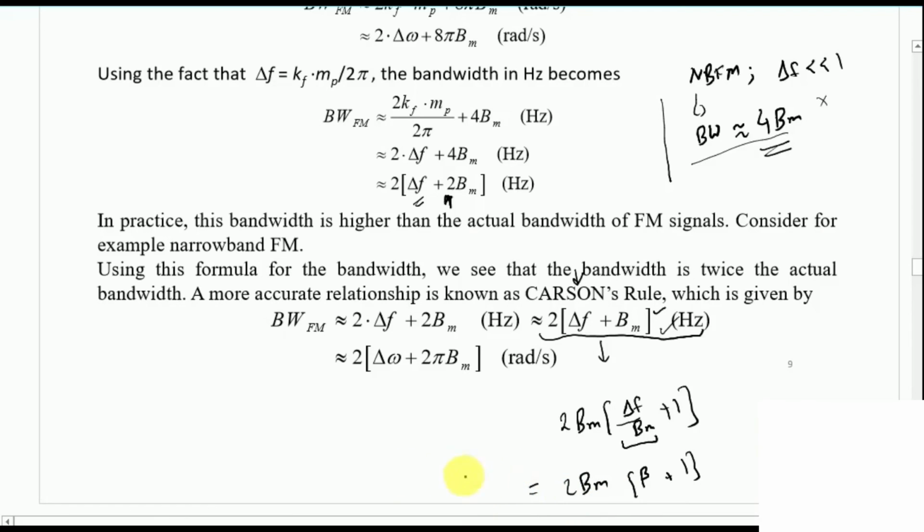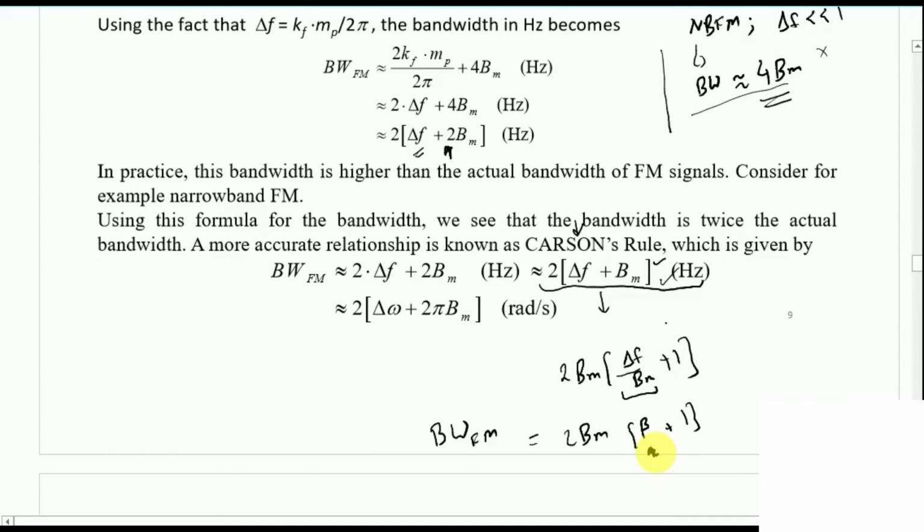So this is an expression that you would come across in the textbook and in a number of places. So the bandwidth of FM is 2 bm times beta plus 1, where beta is the modulation index. This modulation index beta has a value of less than 0.3 for narrowband FM, but for wideband FM it has higher values.